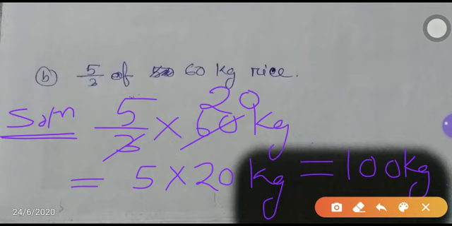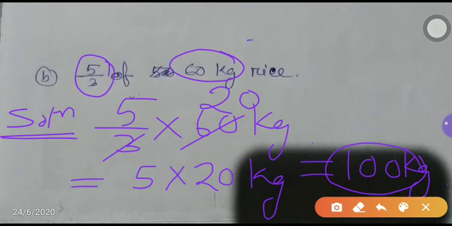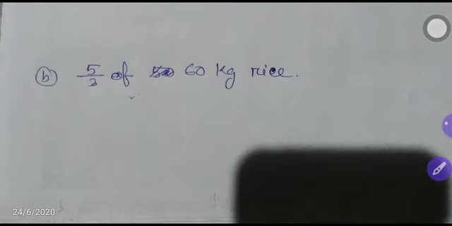So the result you compare, initially it was 60 kg. Whenever you multiply by 5 by 3, our result becomes 100 kg. That means whenever you multiply any quantity by an improper fraction, its value always what? Increases.